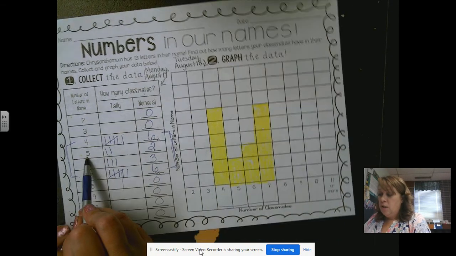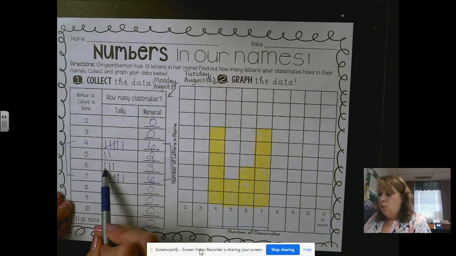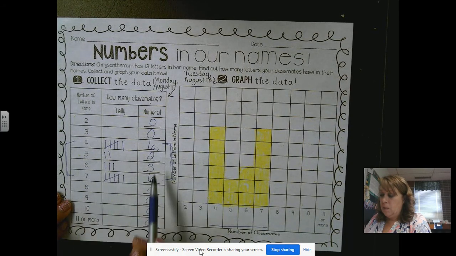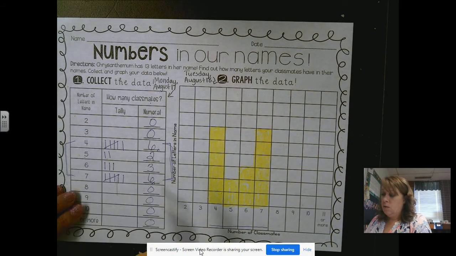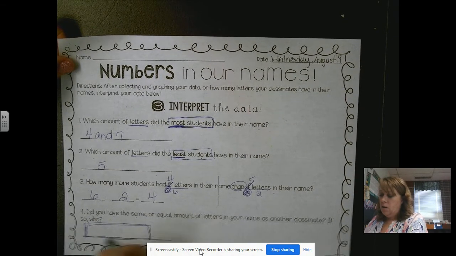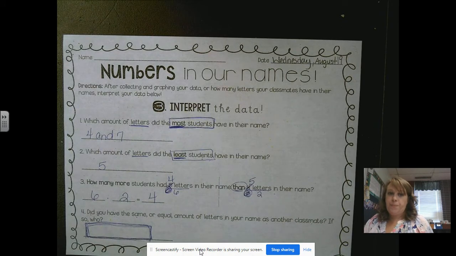If you were one of our friends that had 5 letters, you only have one other person you could write down. If you are one of our friends that had 6, you have a possibility of writing 2 other people's names down. And if you had 7, you also have a possibility of 5 other students, like 4 letters. So whatever you write there is going to depend on the number of letters in your name and who had the same amount.